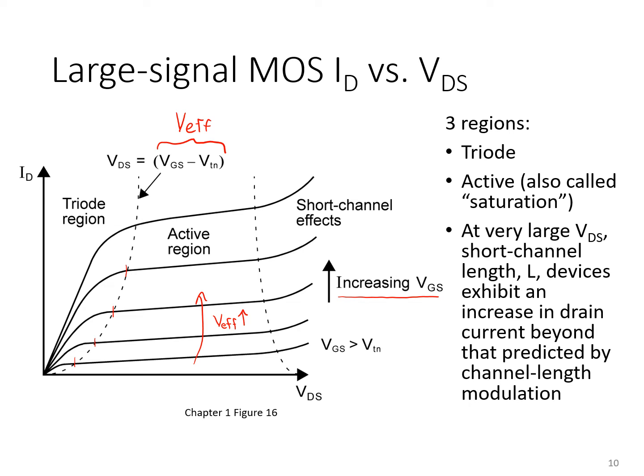Short channel length devices exhibit an increase in drain current beyond what's predicted simply by channel length modulation. And that's exhibited here on these plots by seeing the curves start to angle upward. So here we've got this linear relationship between drain current and VDS that's captured by the lambda term in our model, but this extra curving here is not captured by the lambda term. Additional terms are needed to capture these short channel effects.